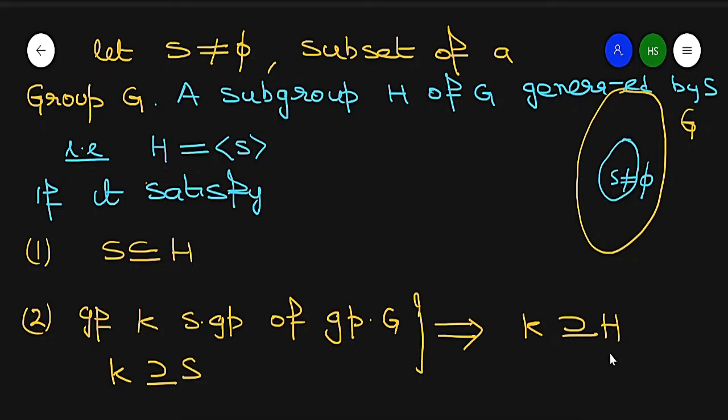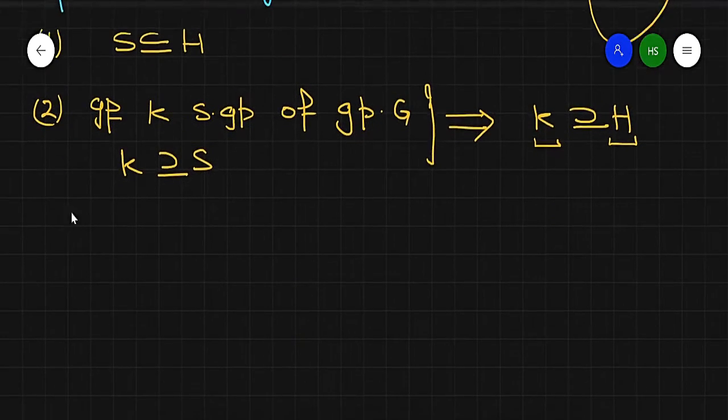It means H is the smallest subgroup containing S. If I am taking any subgroup K which contains S, then this K also contains H, so H is the smallest subgroup containing S.